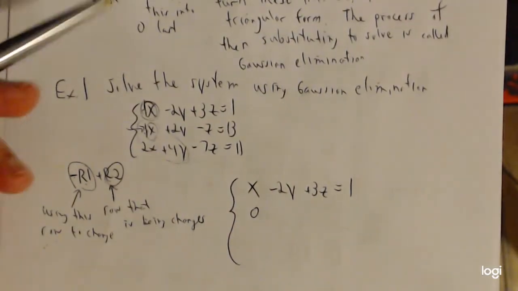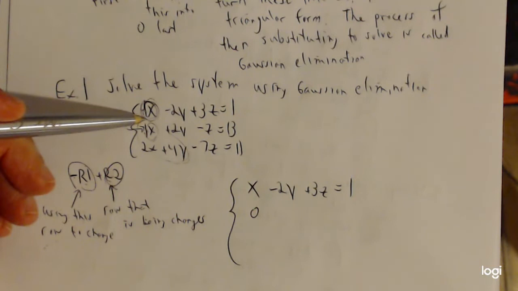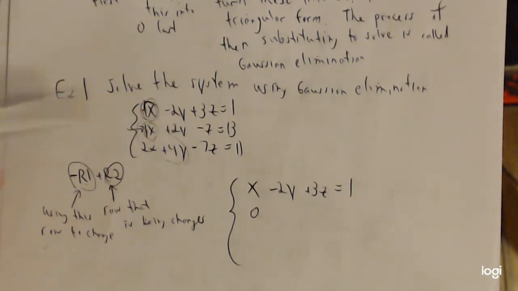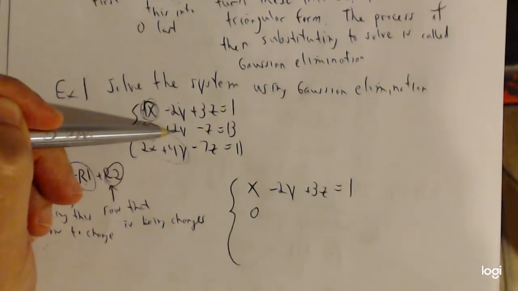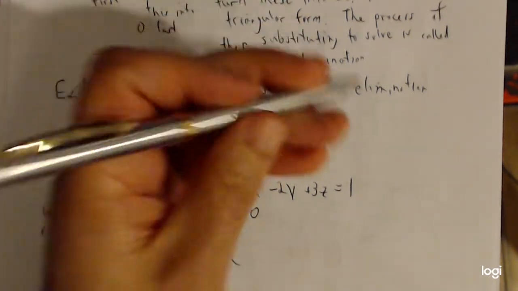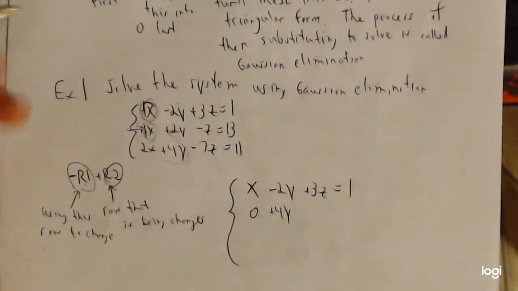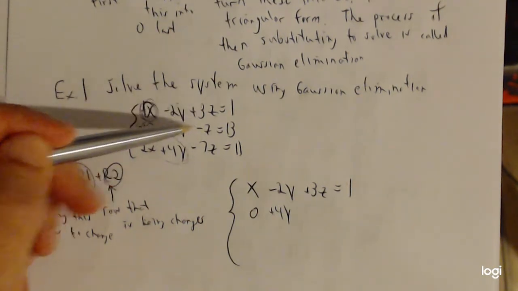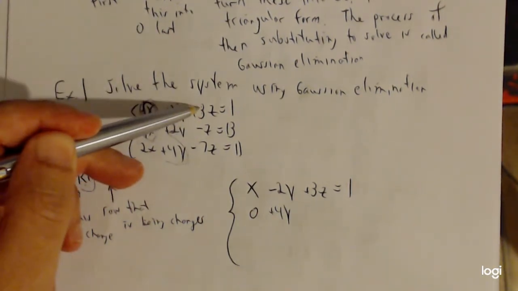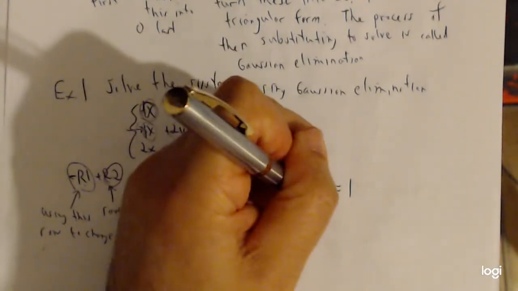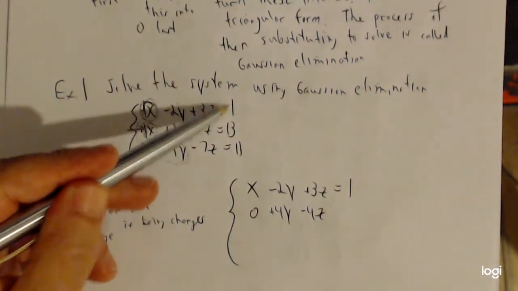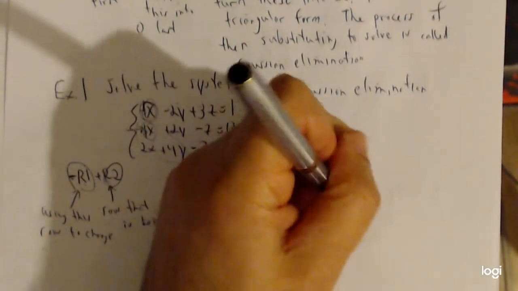I needed a negative here because I wanted these to be opposite, so when I add them this would zero out. Then negative times negative 2y becomes 2y, plus 2y, that becomes 4y. Then negative 3z plus negative z becomes negative 4z, and lastly negative 1 plus 13 becomes 12.